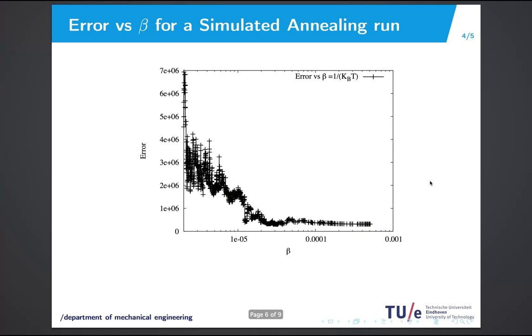Now, this is a typical simulated annealing run, where you can see that the error is decreasing as a function of increasing beta, which means that the temperature is going down.